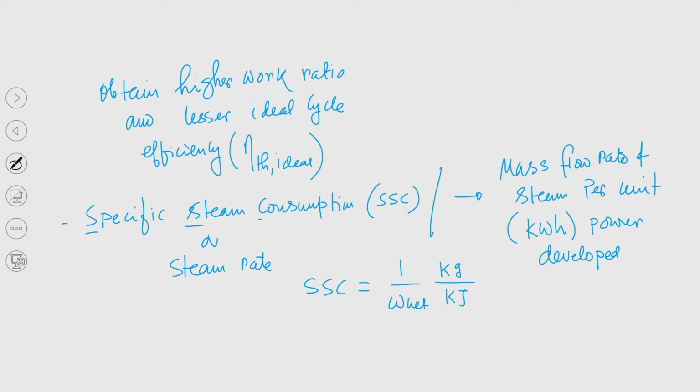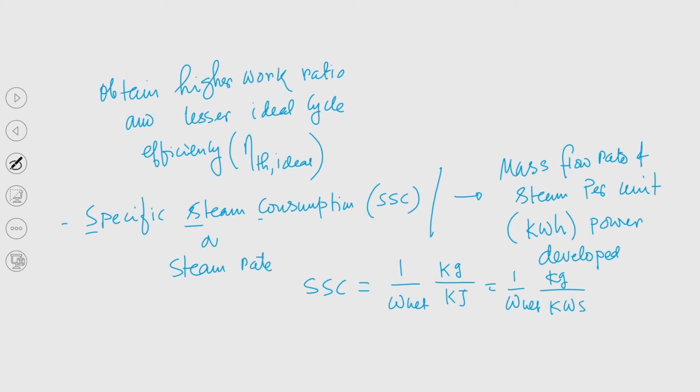Now, kilojoule is kilowatt second, so it is 1 by W net kg per kilowatt second.